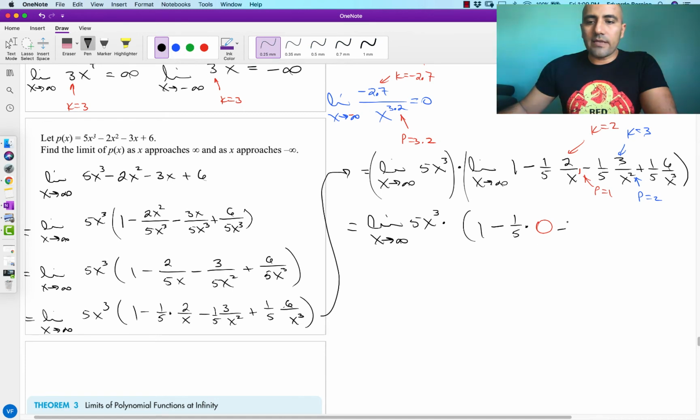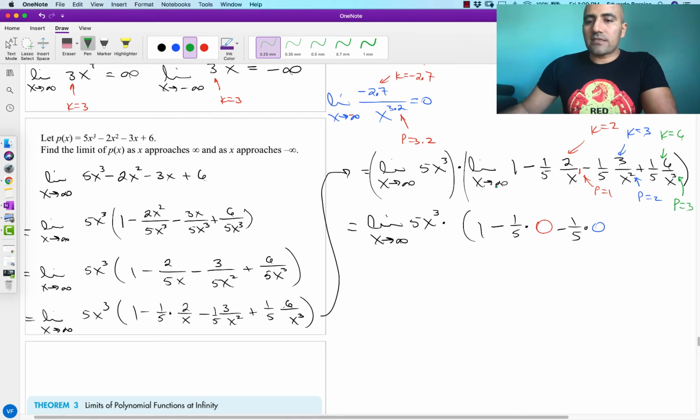So again, this is going to be 0. I'll have a minus 1/5 times 0. And finally, same thing with this last one. This is the case where k equals 6 and p equals 3. So again, this is just going to be 0.